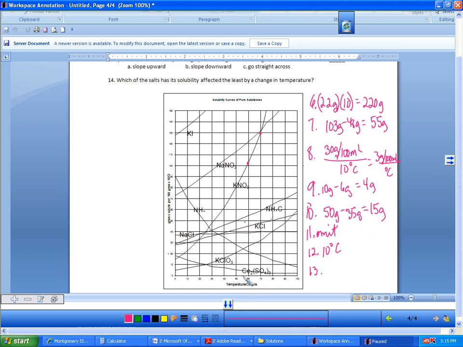Okay, KCl, which is this one here, at 80 degrees Celsius. So I'm going to go KCl to 80. And then they're talking about 40 grams. Well, 40 grams would be way down here, so it's not on the line, so that one is unsaturated.